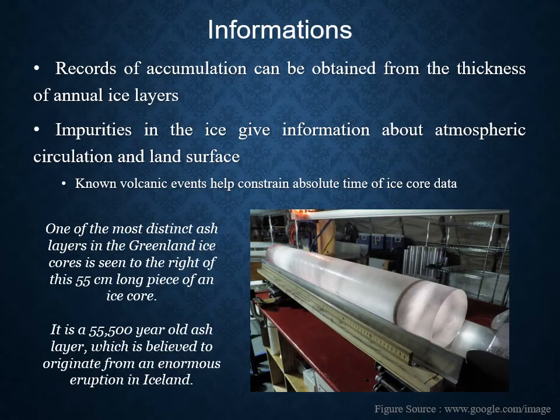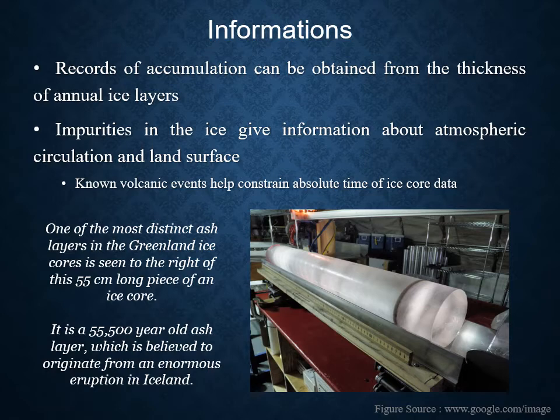Now, what information do we get from these snow records? Firstly, by observing the bandings within the ice cores, we can get year around, yearly resolution data from the ice cores.